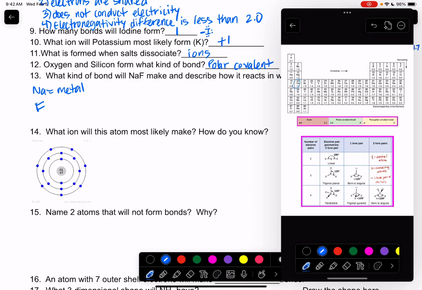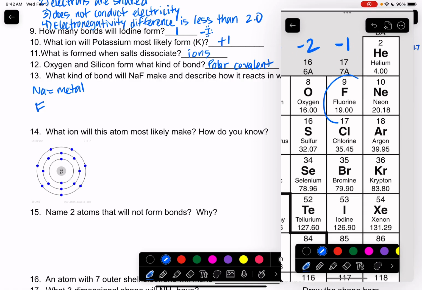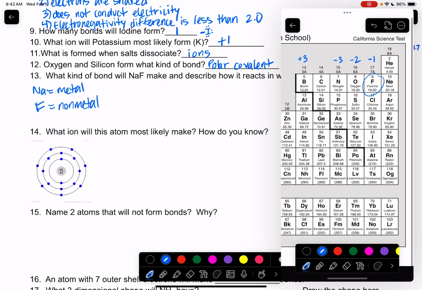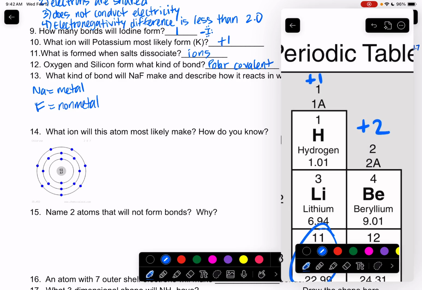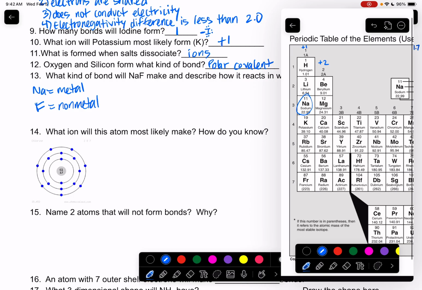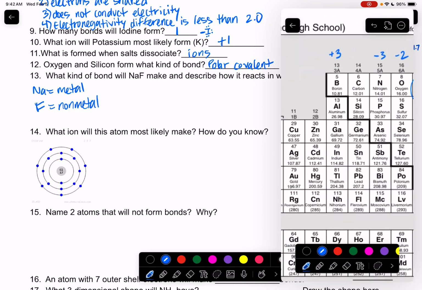F is here, that's a non-metal. Remember, when you're trying to figure out if you have a metal or a non-metal, we use this bold staircase as our guide. Anything to the left of the staircase is a metal. Anything to the right of the staircase is a non-metal. The only exception is hydrogen. It lives on the metal side, but it's a non-metal.